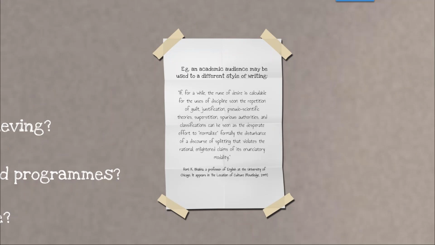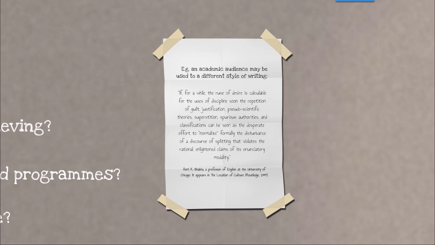"So if for a while the ruse of desire is calculable for the uses of discipline, soon the repetition of guilt, justification, pseudo-scientific theories, superstitions, spurious authorities, etc." I won't go through the whole sentence, but this was from a professor of English at the University of Chicago. That's probably not the kind of language that you want to be using in a report.